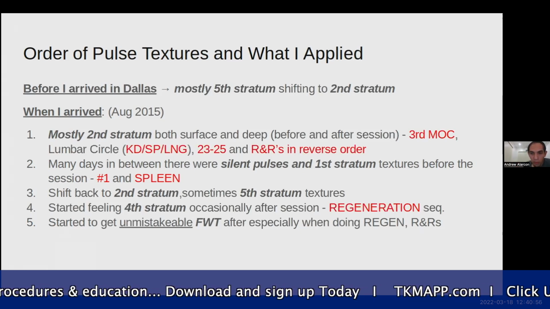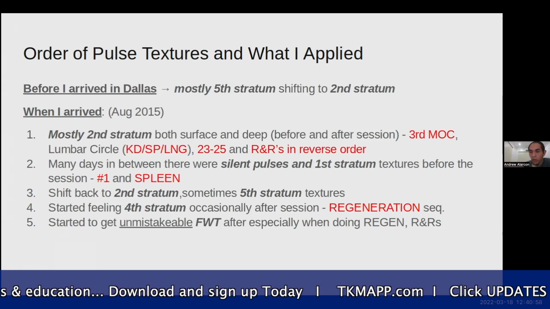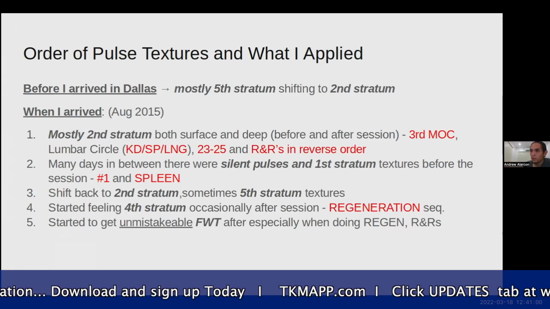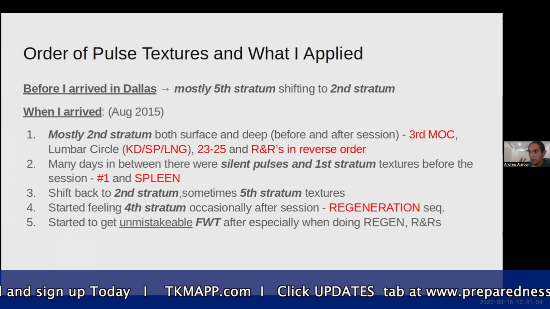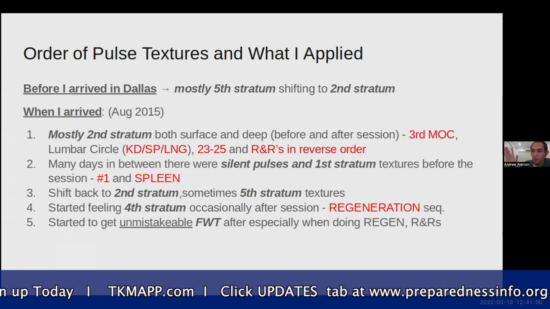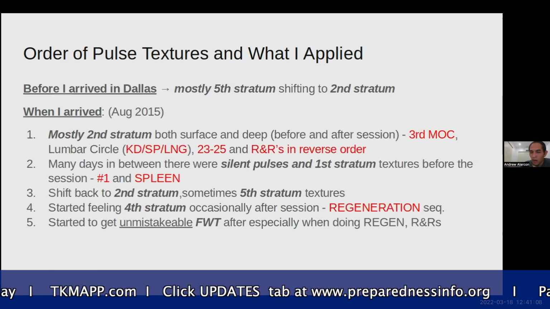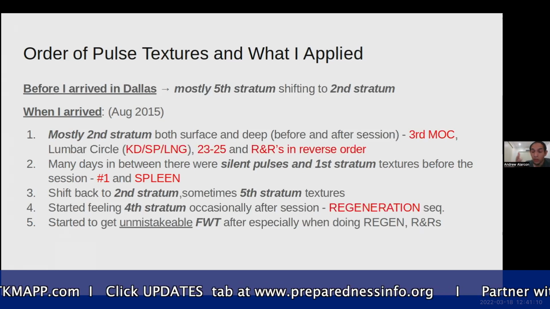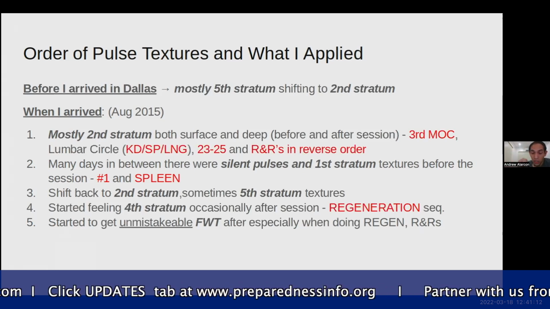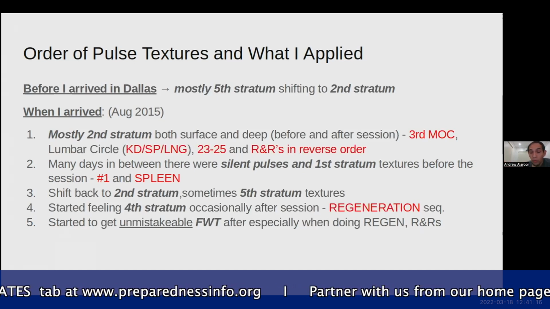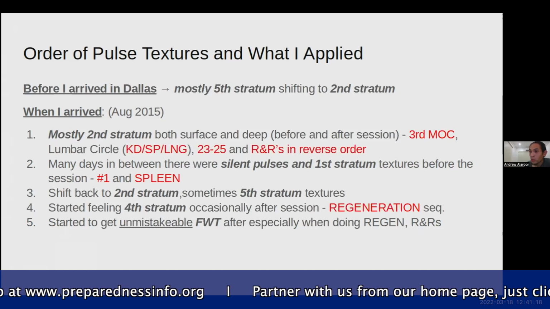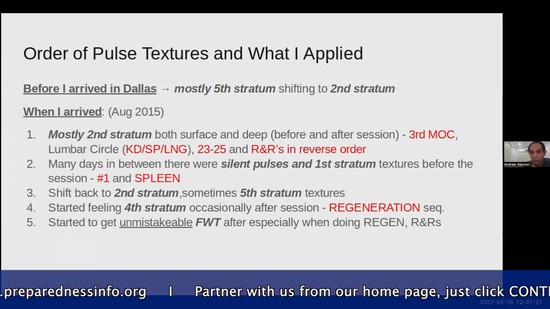Your fifth stratum would be boop boop boop boop boop boop. But fluff with tone is just very tranquil. It's very harmonious. I try to imagine the calm waves on a beach. So to me, that's what fluff with tone felt like. So it was very distinct from the five different textures.